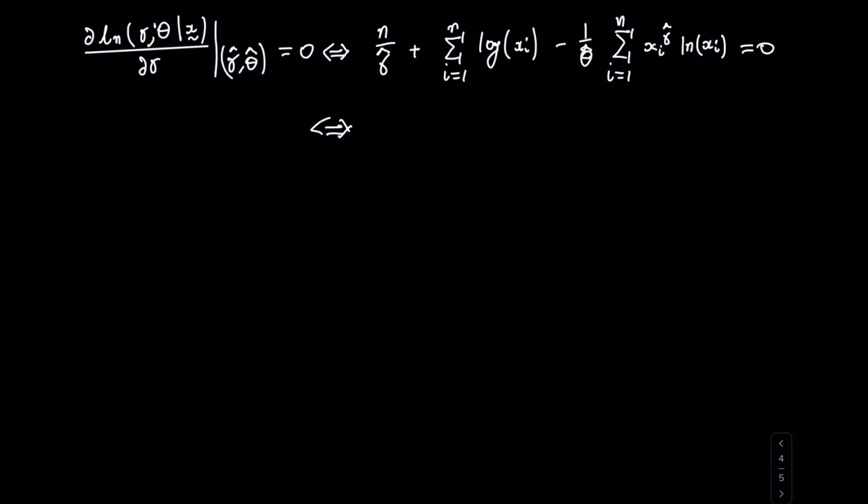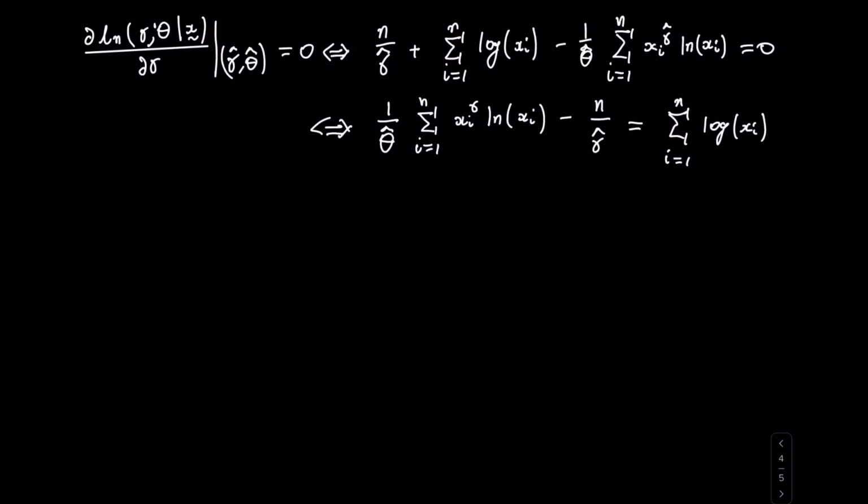So this becomes 1 on theta hat, sum of i equals 1 to n of xi to the gamma ln of xi minus n on gamma hat is equal to the sum of i equals 1 to n of log xi.